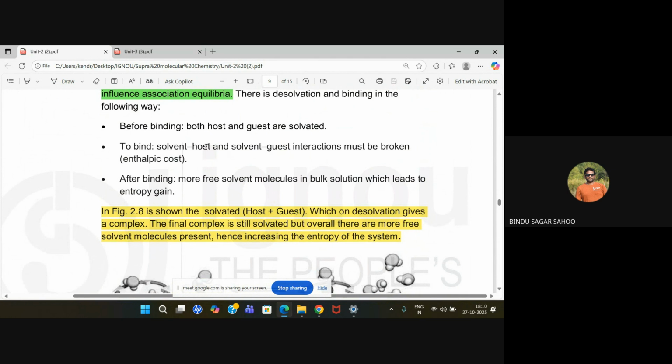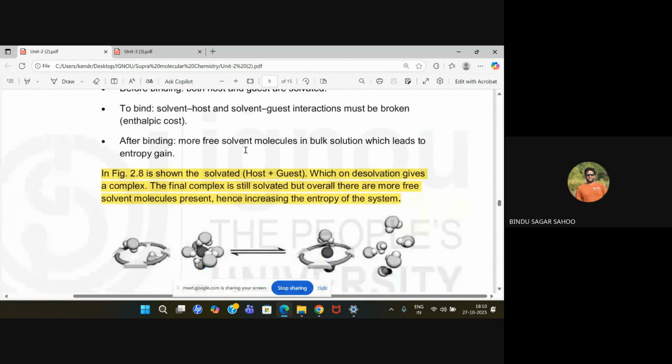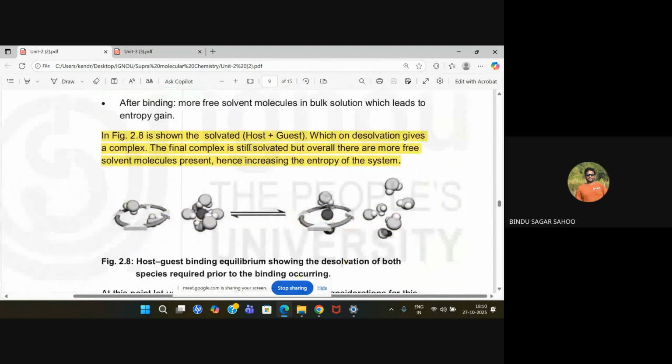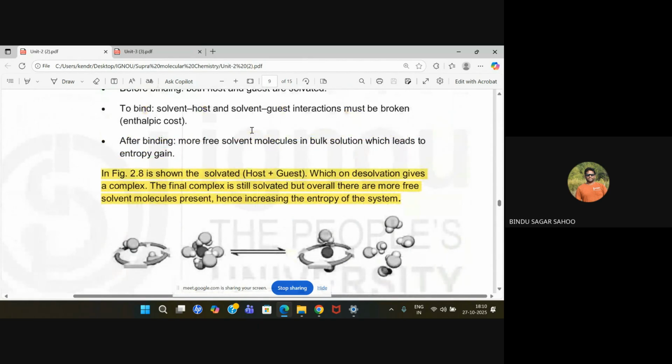So when the solvated host and solvated guest interact, there may be two possible processes. In one process, it can cost an enthalpic loss. In some processes, it can also gain some enthalpy. And another important factor is entropy. So enthalpy and entropy both govern the feasibility of reactions.